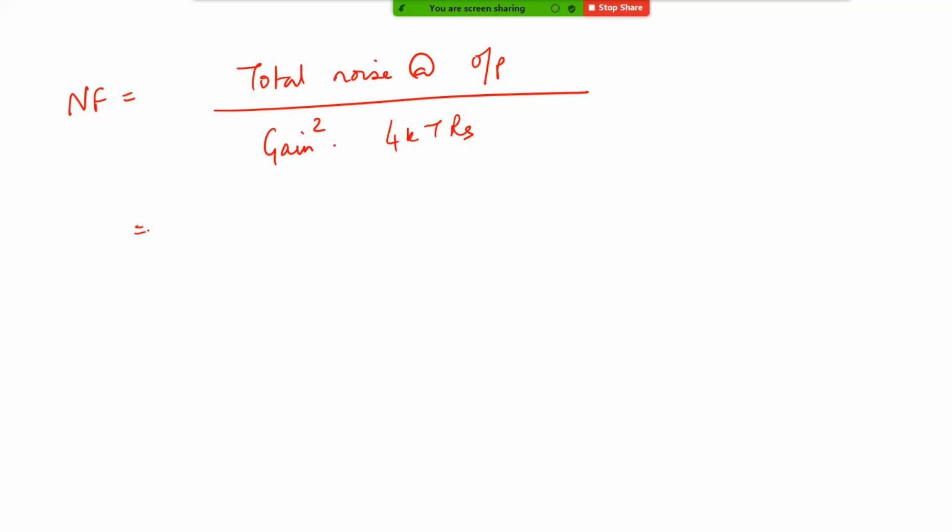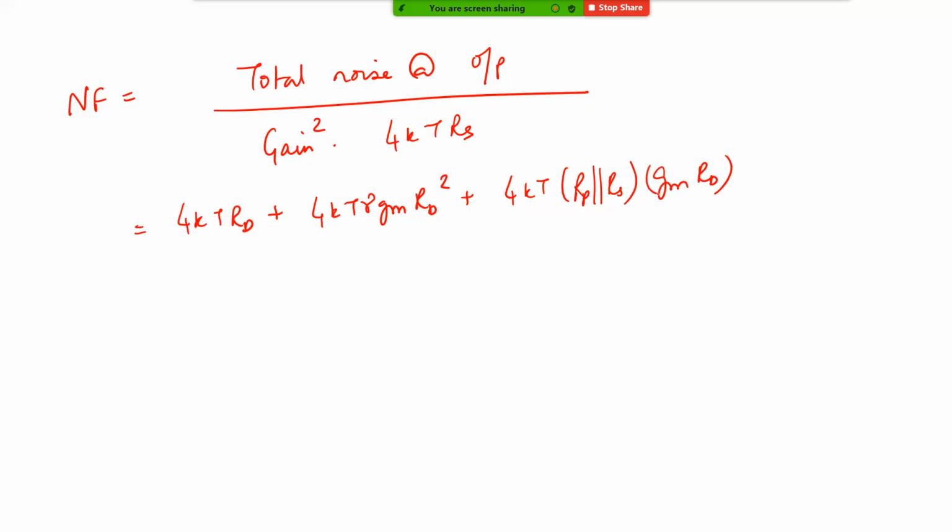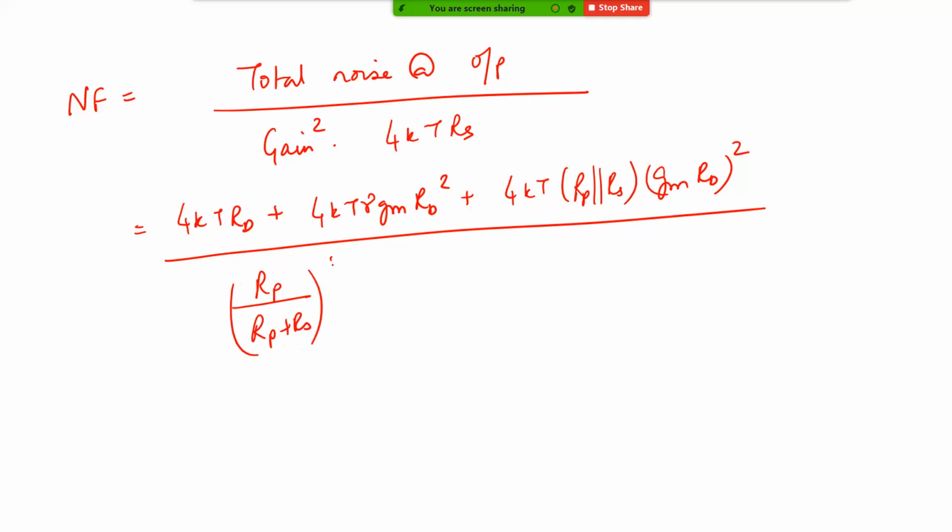The total noise at the output is 4kT Rd plus 4kT gamma gm Rd squared plus 4kT Rp parallel to Rs times (gm Rd) whole squared, divided by the gain. The gain is Rp by (Rp plus Rs), whole squared, times (gm Rd) whole squared, into 4kT Rs.